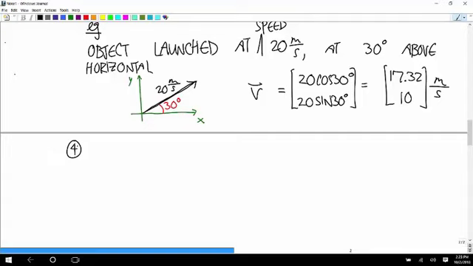So now things can be launched at an angle. They're not just going straight up and straight down. If you launch something this way, it's going to follow a path like this, reach a highest point, and then start coming down. So how do we specify the highest point in a projectile path in 2D?